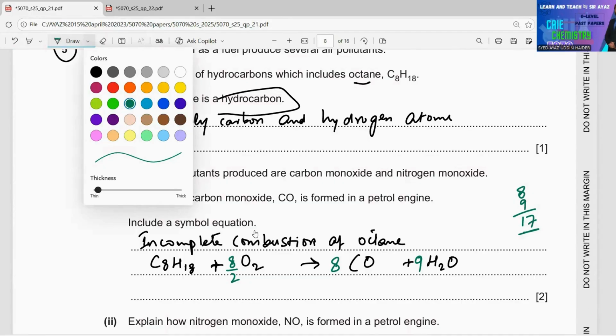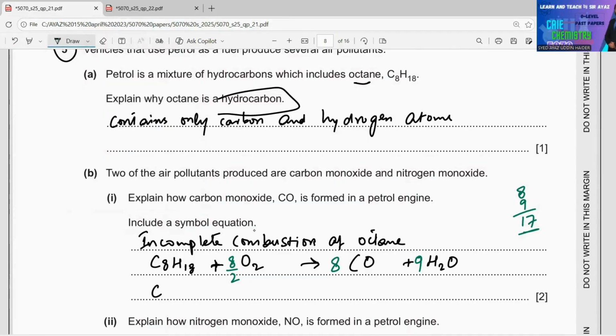The other way to balance this equation, just write down the equation again. C8H18 plus O2. Write down the products, that is CO and H2O. Place 2 before C8H18. Now 8 multiplied by 2, 16. So I'll write 16 before CO. What about hydrogen?